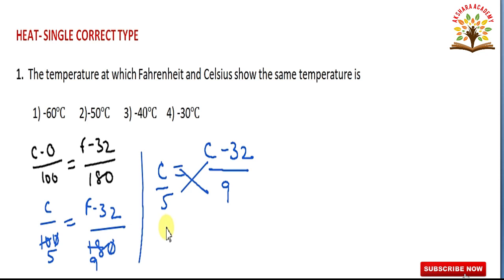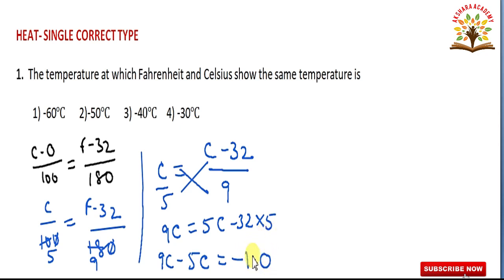Taking cross multiplication, 9C is equal to 5 into (C minus 32), so 5C minus 5 into 32. 9C minus 5C is equal to minus 160, since 5 twos are 10, 5 threes are 15, 16.